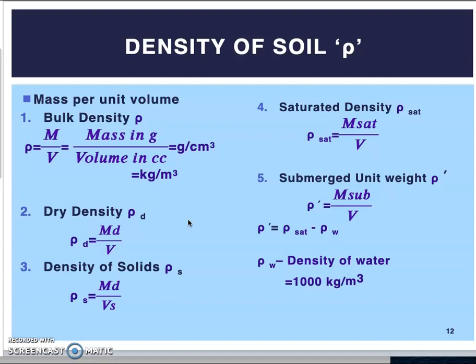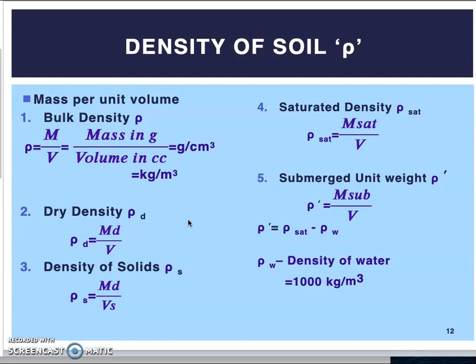Density of solids will be the same dry mass divided by, you're not dividing it by the total volume of soil, you're dividing by the volume of only solids. So you're not going to consider the volume occupied by voids, you're only going to consider the volume occupied by solids, right?